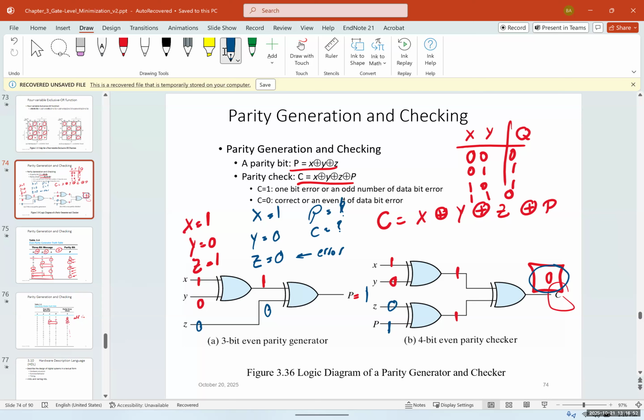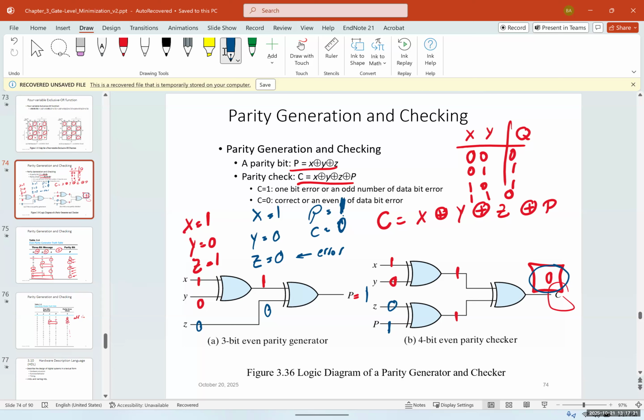So P is 1, C is 0. Am I correct? Yes? What would you do with the P and the C?